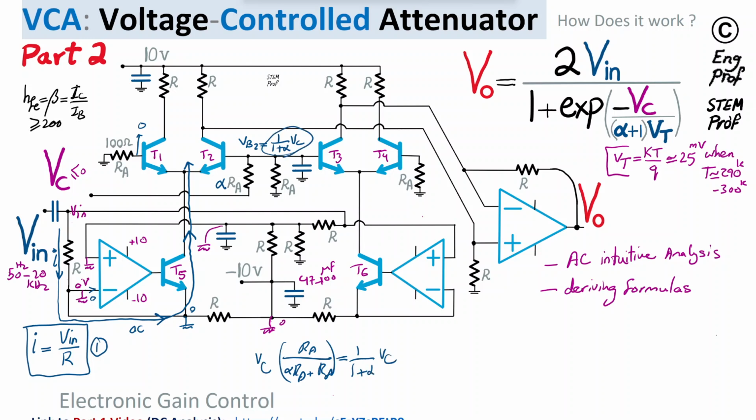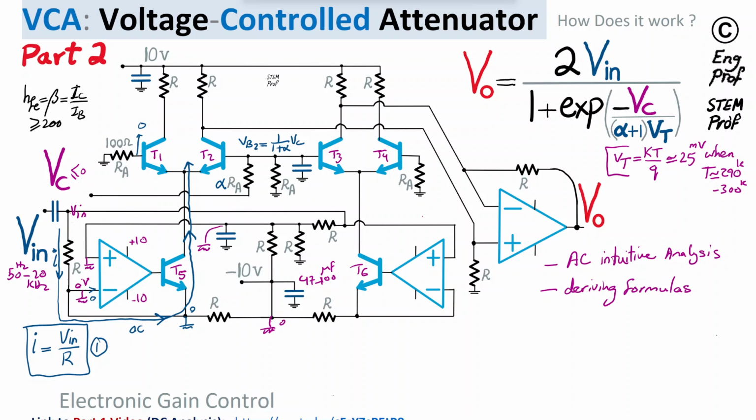So that's the voltage division. Let's keep that. Now, depending on how negative VC is, if it is 0, of course, then VB2 becomes 0, similar to VB1. So the circuit is exactly symmetric.